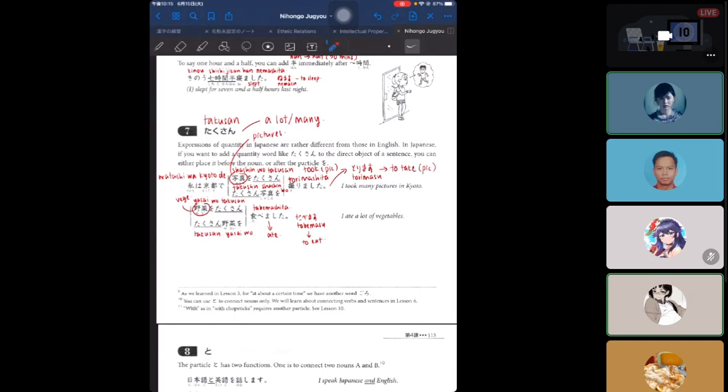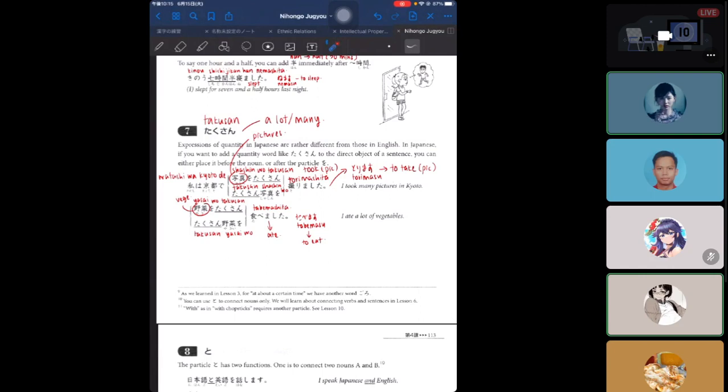How about あまり? あまり usually ends with the negative form. あまり is like not a lot, or you don't do it frequently. あまり食べません, that is actually correct.